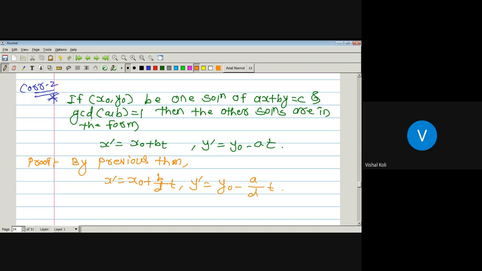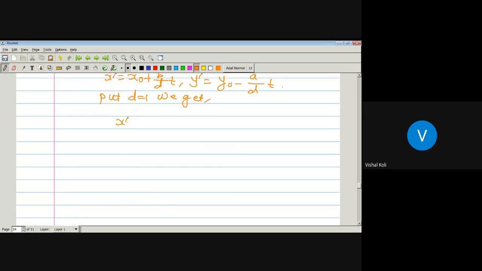But here we have GCD of a, b is d and which is equal to 1. So the value of d is 1. So put d equal to 1. We get x dash is nothing but x naught plus bt and y dash is nothing but y naught minus at. That is what we have to prove. Hence the proof.